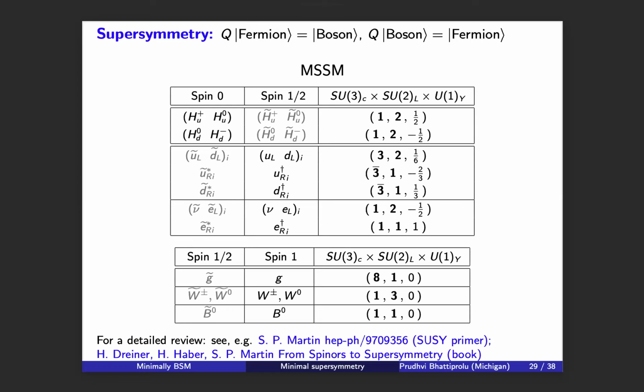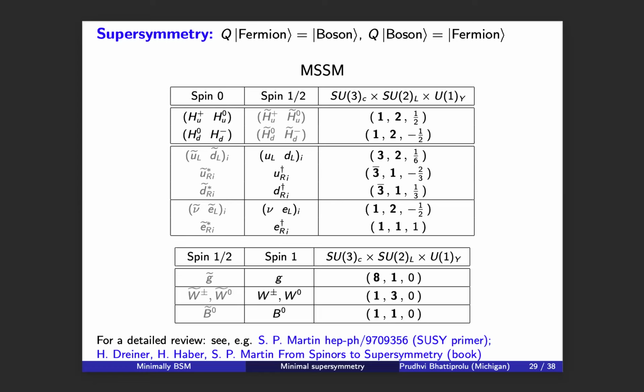The first thing is you need two Higgs doublets in the MSSM, for anomaly cancellation reasons and also to explain the masses of the up, down, and the leptons. So these are the Higgsinos, the superpartners of the Higgs. These are the fermions. Then there are squarks, which are superpartners to quarks, and sleptons, which are superpartners to the leptons. And then there are gauginos that are superpartners to the gauge bosons.